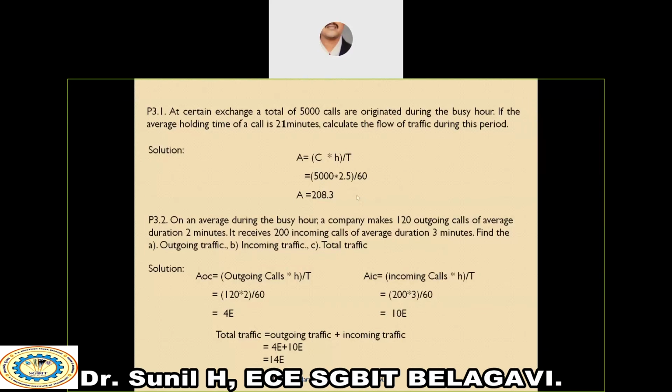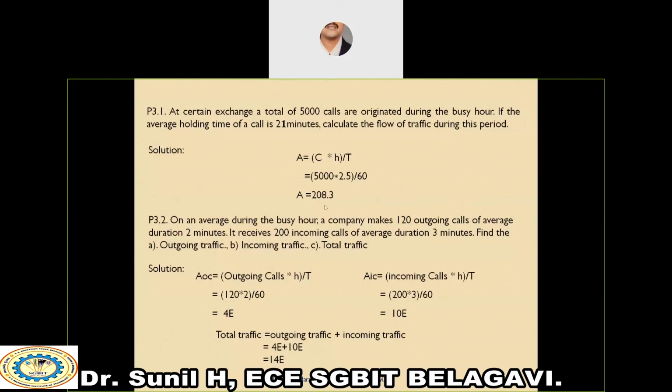Now we have the formula: A equals C into H divided by T, where A is traffic in Erlangs, H is holding time, and T is the average number of calls in that hour. Here C is the total of 5,000 calls originated during the busy hour.